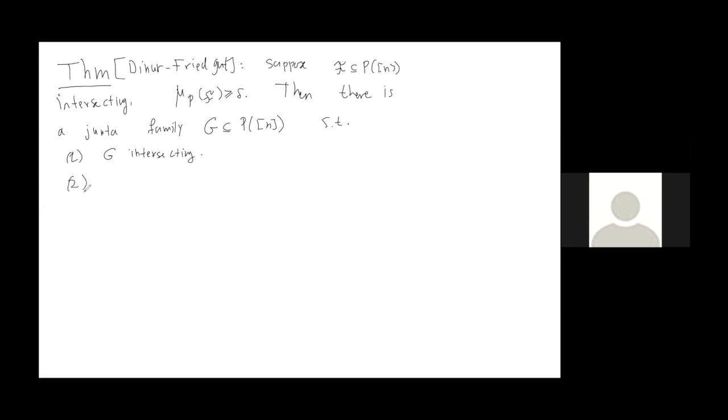Secondly, the family F is almost contained in G. I'll write it a bit relaxed: if you look at the elements of F that are not inside G, then these are of small measure.